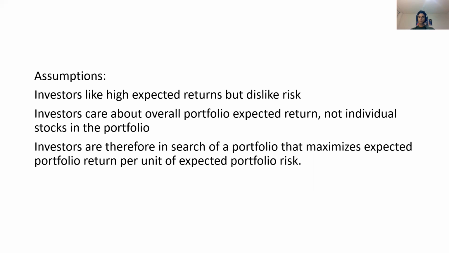And then another important assumption is that someone who invests in portfolios likes good returns. That means likes profits, and doesn't like risk. Okay. So if I tell you, do you want this financial asset that has a 99% chance of paying you 10 pesos, or this other asset that has a 50% chance of paying you 10 pesos?